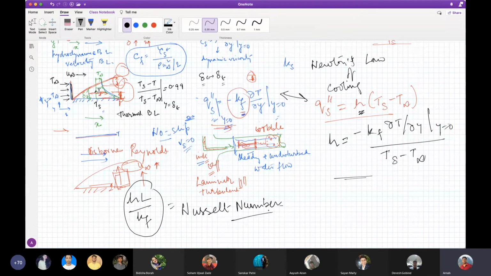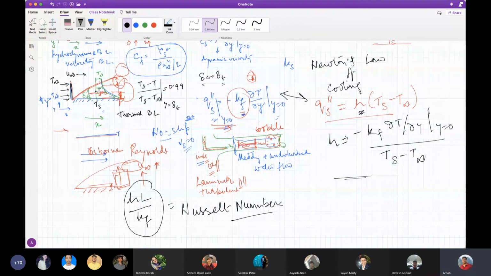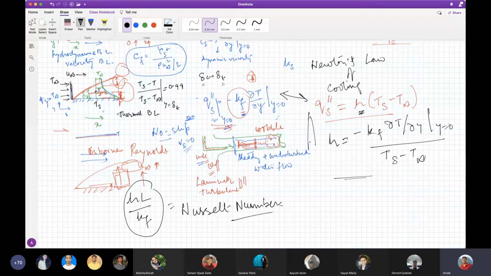No, sir. Okay. So we will see that by equating two equations, one is the Fourier's law to calculate the local heat flux near the surface, and the Newton law of cooling, it gives us a dimensionless number which is important like the Reynolds number, and you would be remembering that for the rest of your chemical engineering future.